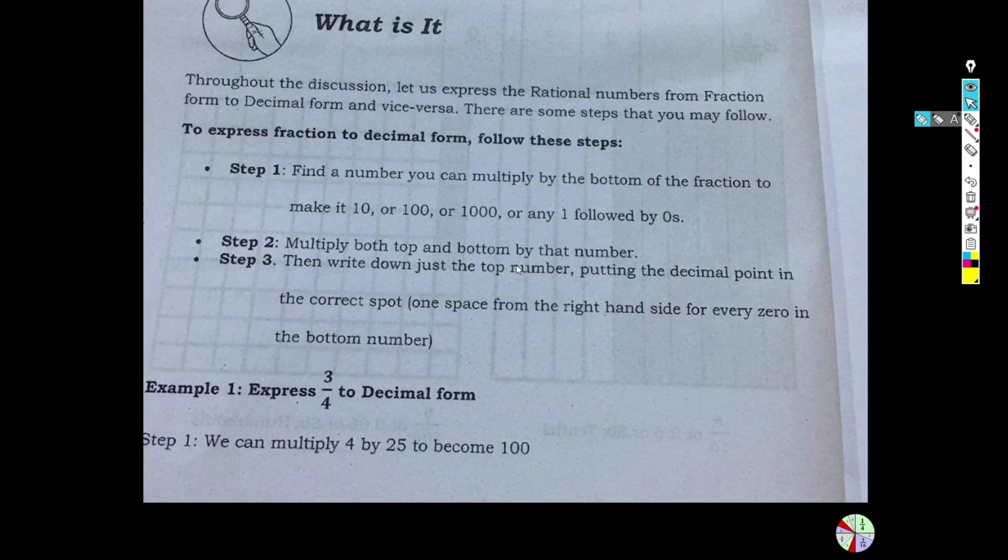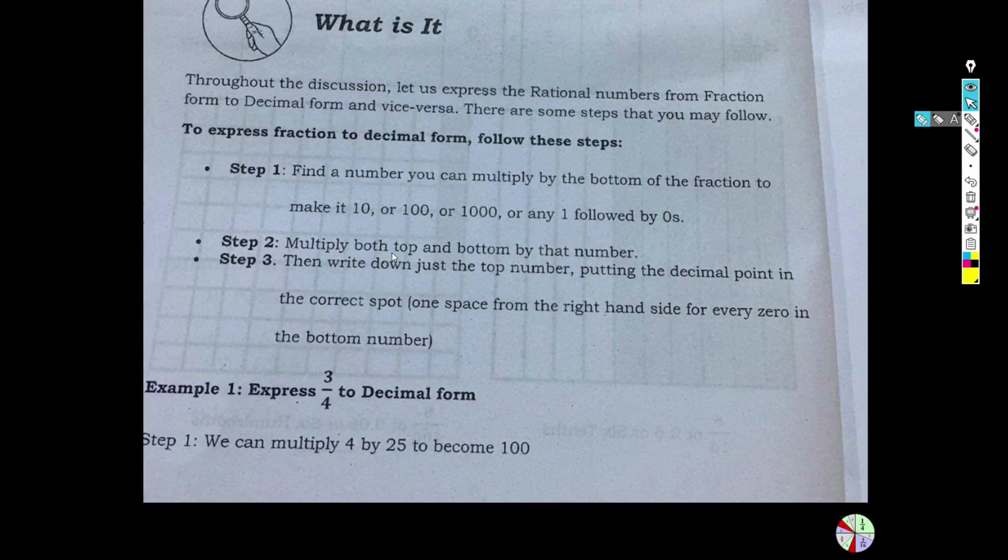Throughout the discussion, let us express the rational numbers from fraction form to decimal form and vice versa. There are some steps that you may follow. To express a fraction as a decimal, follow these steps. Step 1, find a number you can multiply by the bottom of the fraction to make it 10 or 100 or 1000 or any 1 followed by zeros. But if not, you just need to divide both numbers.